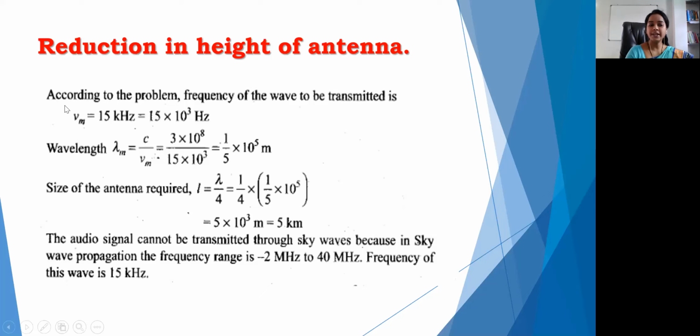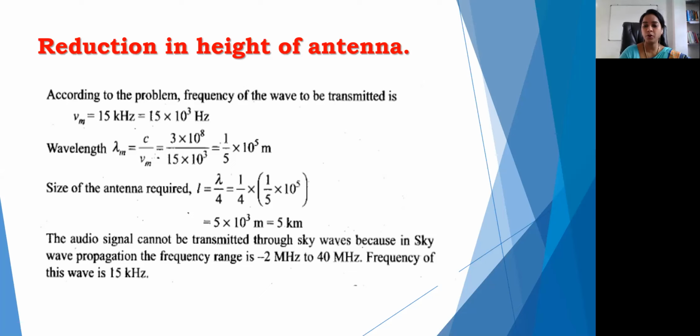So let us take the transmitting frequency as 15 kilohertz. I will give you one homework also. In the last lecture I told you that you have to keep your pen and copy ready with you, because we are not in front of each other.